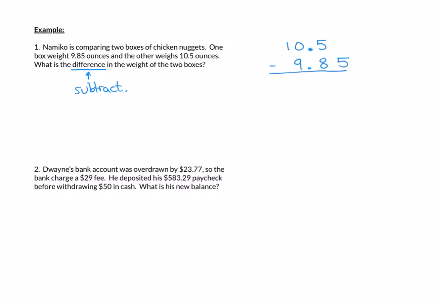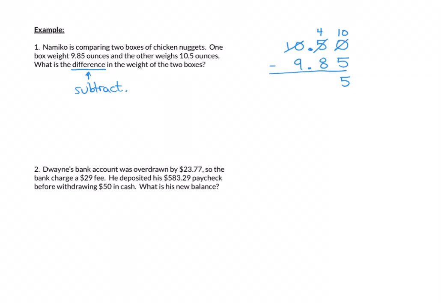Since this is subtraction, I do need to add a 0 to the top number. Now if we subtract, I cannot take 5 away from 0, so I need to borrow. I'm going to make the 5 a 4 and the 0 a 10. 10 minus 5 is 5. I cannot do 4 minus 8, so I need to borrow.